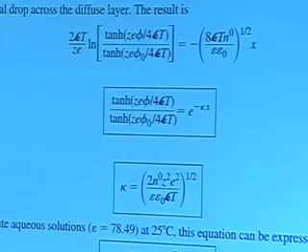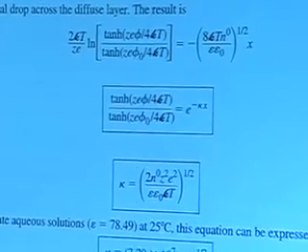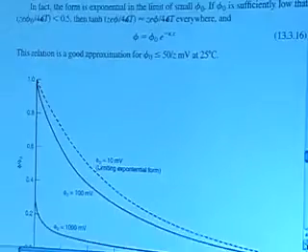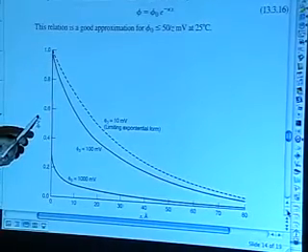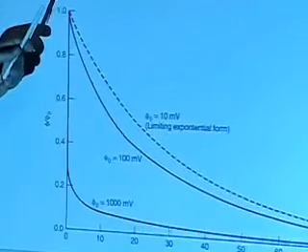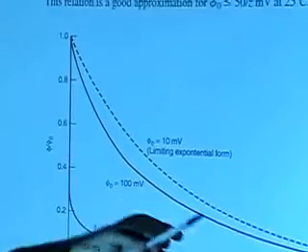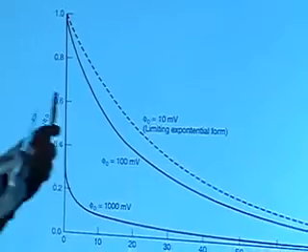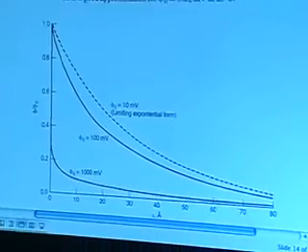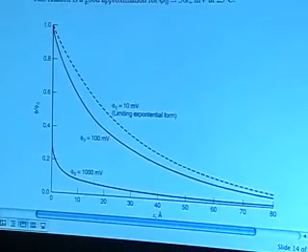So the way to think about this is, this predicts something like this. The potential relative to the total potential that would be dropped is going to fall off essentially exponentially with distance, and eventually there's zero potential experienced by a point charge far away from the electrified interface in the solution.